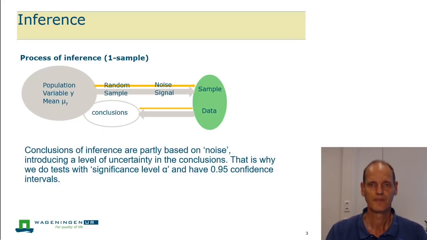Important is that we realize that when we draw the conclusions, they are partly based on noise. And so they introduce a certain level of uncertainty in our conclusions. That is why we do tests with a so-called significance level of alpha, usually 5%, and we have confidence intervals of 95%, for example. This is all necessary and required because of the uncertainty that random sampling takes with it.